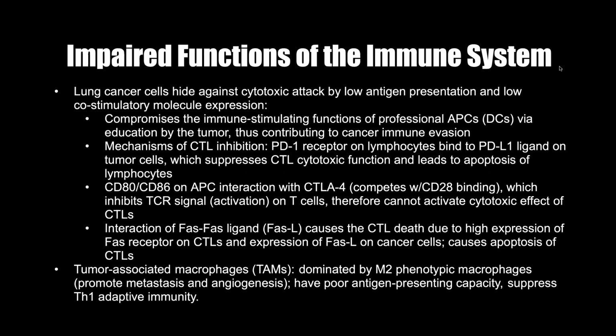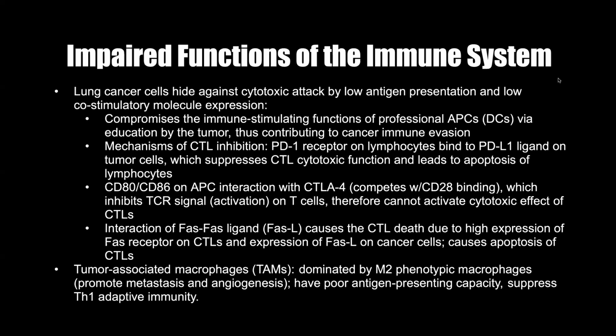Functions of the professional APC, such as dendritic cells, are compromised by the tumor education and contribute to cancer immune evasion. Mechanisms of the cytotoxic lymphocytes inhibition include the PD-1 receptor on lymphocytes that bind to the PD-1 ligand on tumor cells, which suppress the cytotoxic lymphocytes' cytotoxic function and leads to apoptosis of the cytotoxic lymphocytes.